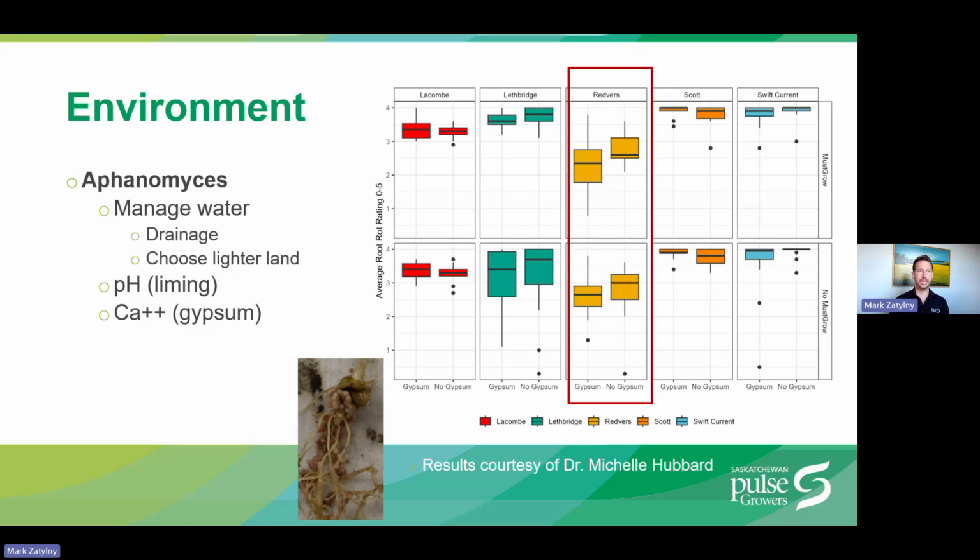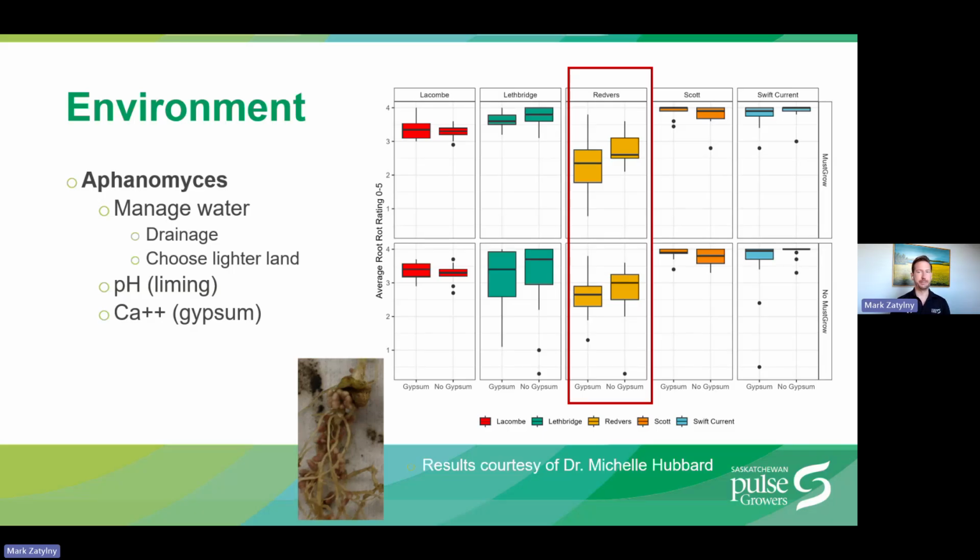Another one is liming. So this has worked with Aphanomyces in sugar beets, but we haven't seen too many positive results in Western Canada just yet. And thirdly is gypsum. So adding this to the soil. Calcium, we know, is involved in zoospore production and germination.